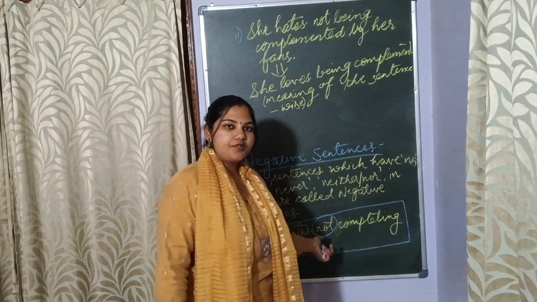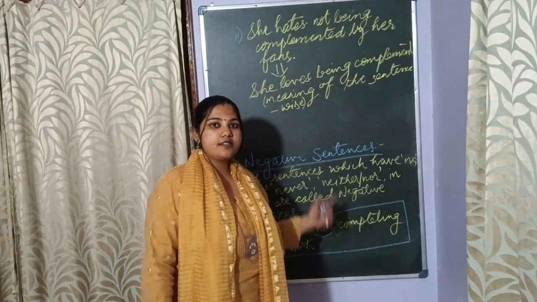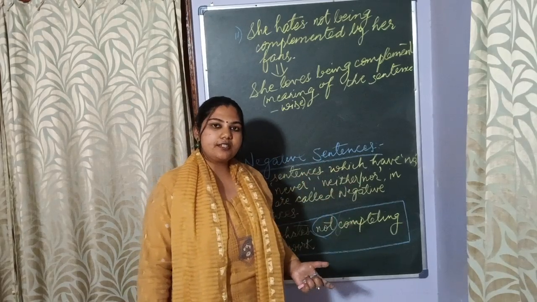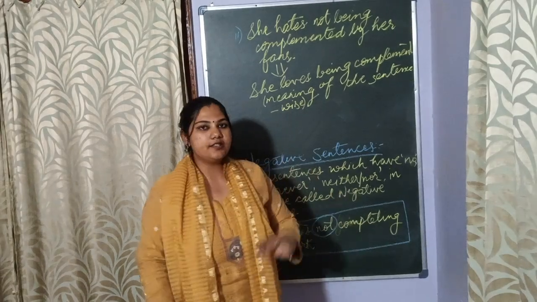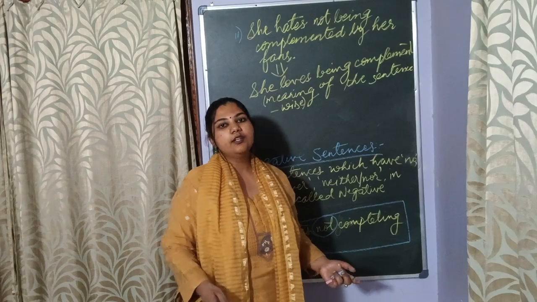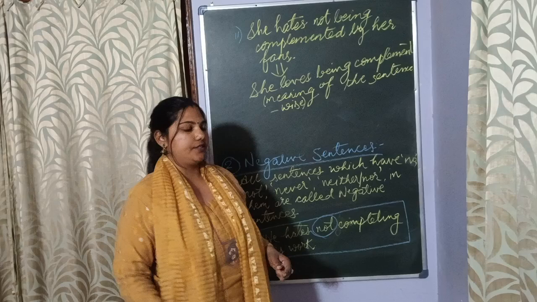Once we finish kinds of sentences, we practice the examples and we solve the exercises, then I'll take up the difficult topics like transformation of sentences, any kind of sentence into another kind of sentence, and after that phrases and clauses. So you need to wait for that.